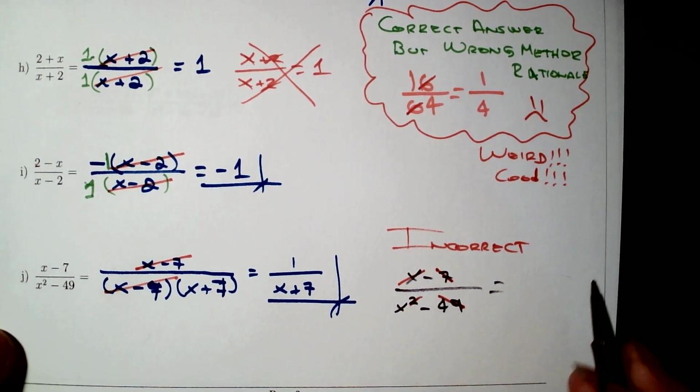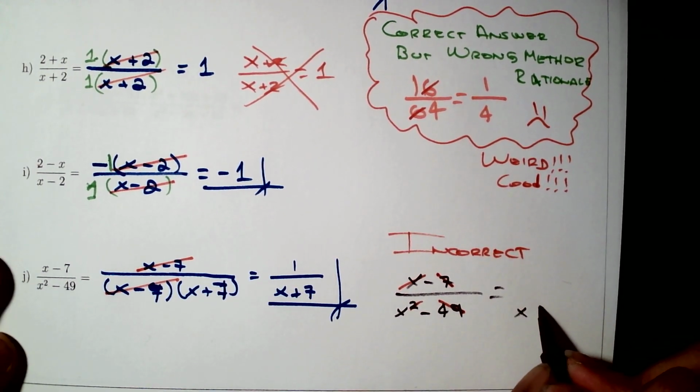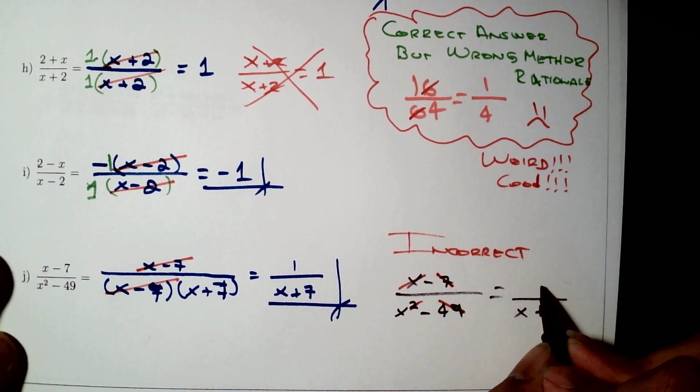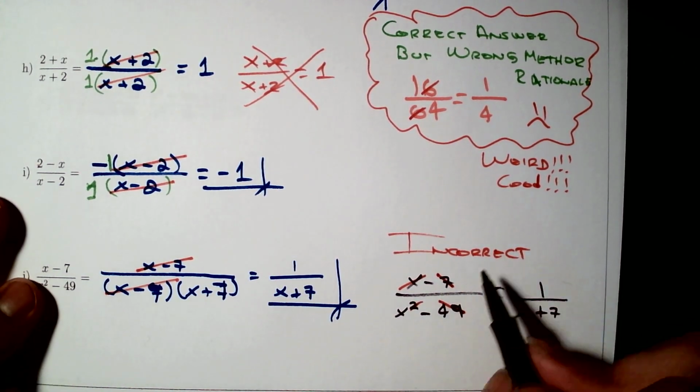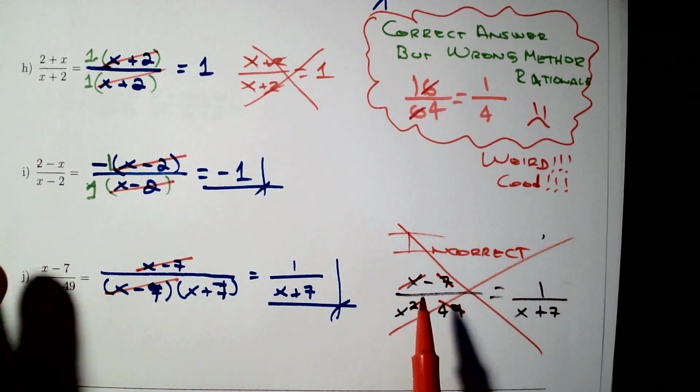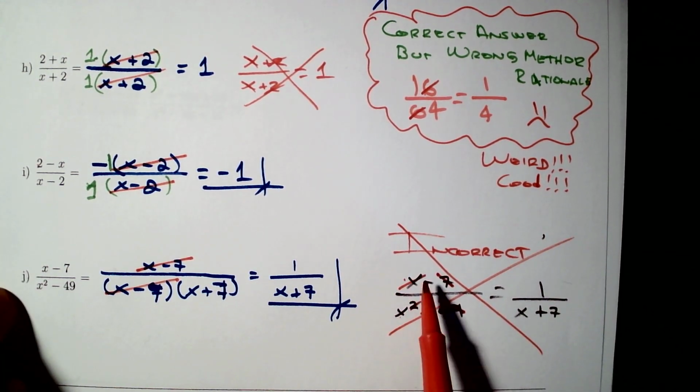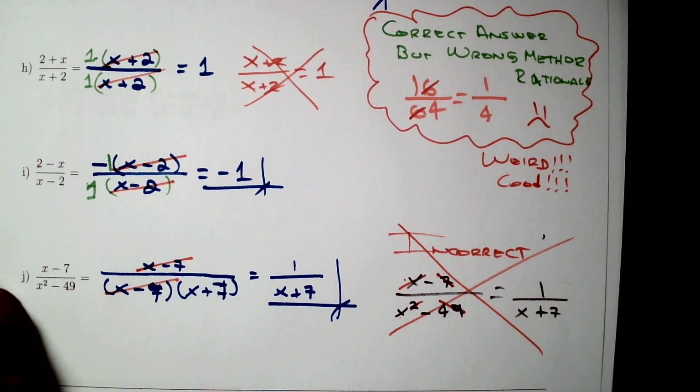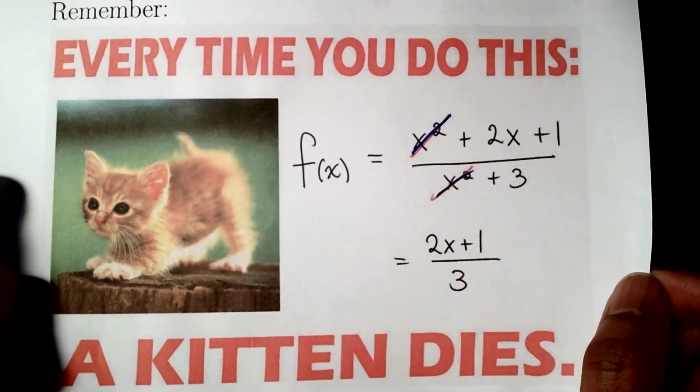That's a 7 in the denominator. You know how we get, in a way, the same result, but the incorrect method, the incorrect way to think about it. You know what happens when you cancel out terms and not factors? A kitty dies every time you have to do that.